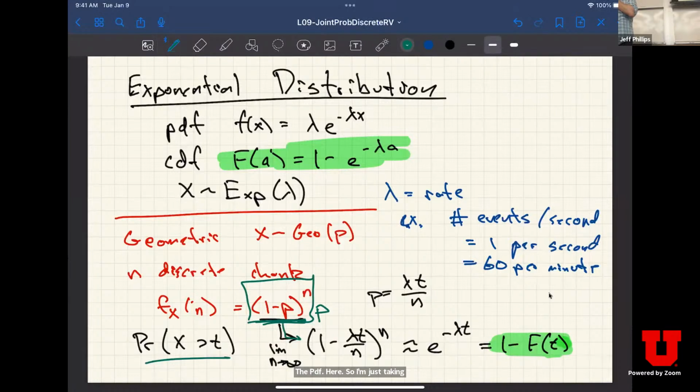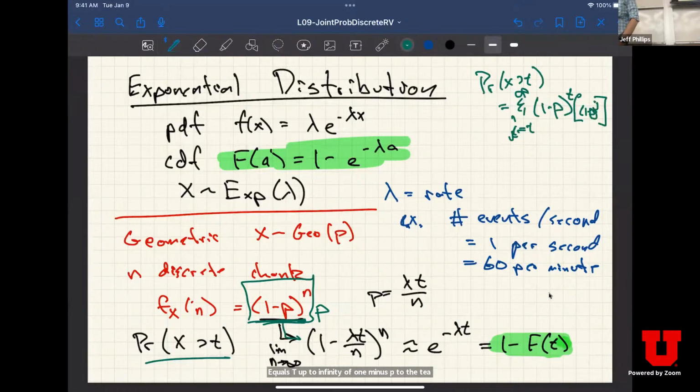The probability that X is greater than t is equal to the sum, let's say of j equals t up to infinity, of 1 minus p to the t times 1 minus p to the power j times p.